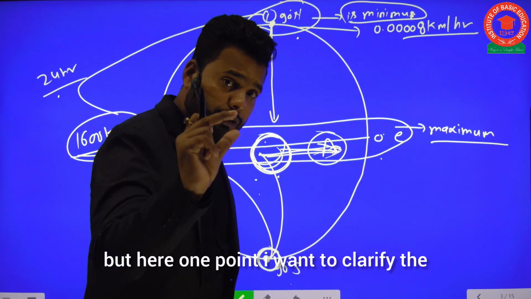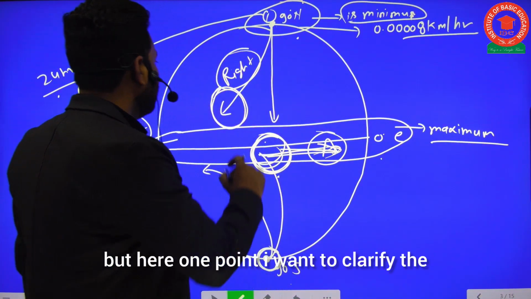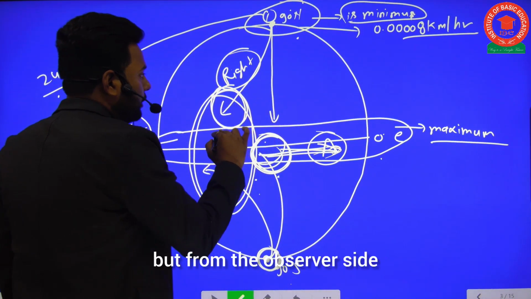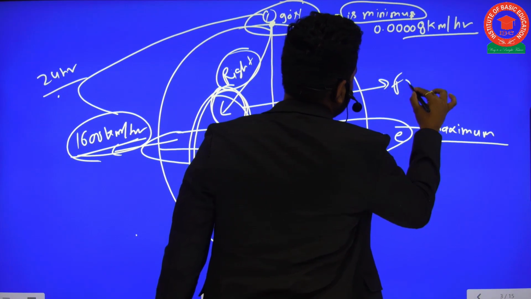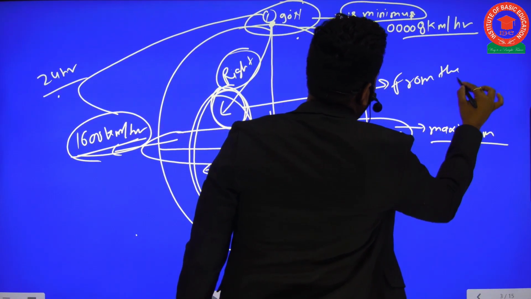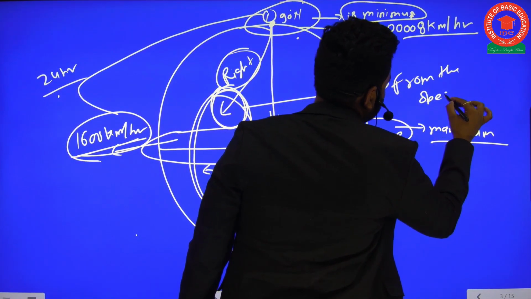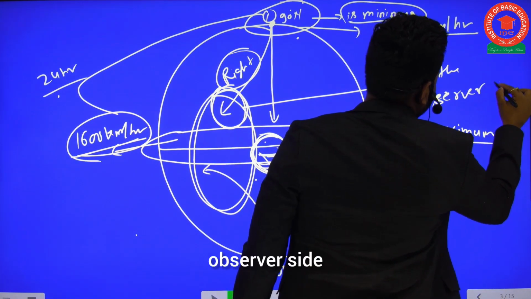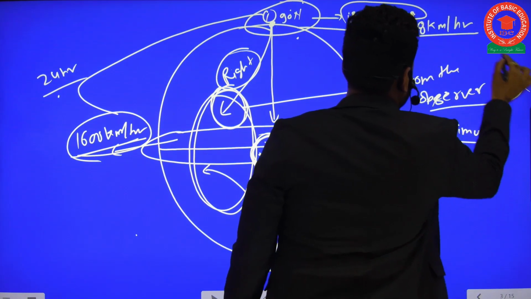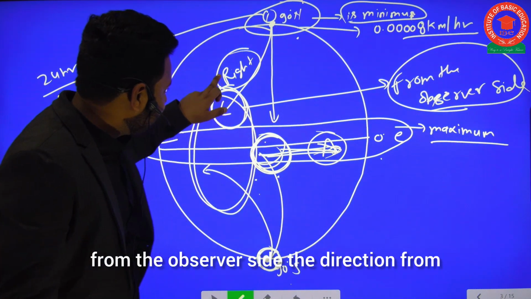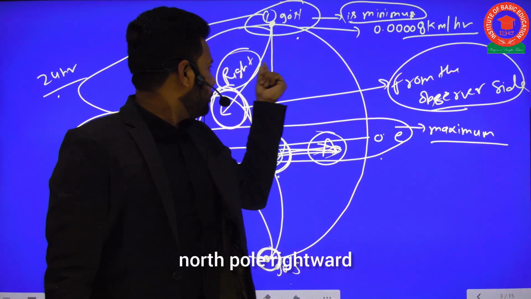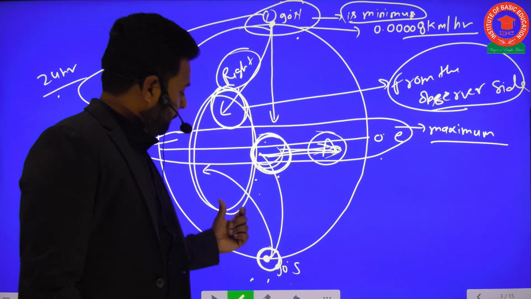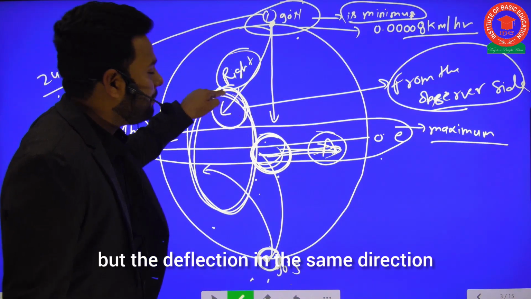But here one point I want to clarify: the direction of deflection is the same, but from the observer side the direction from the north pole is rightward, from the south pole leftward, but the deflection is in the same direction.